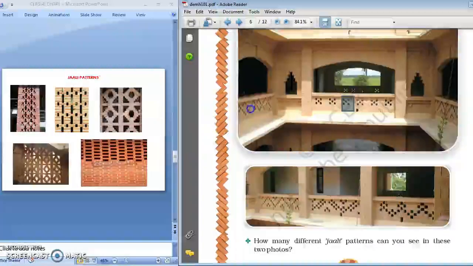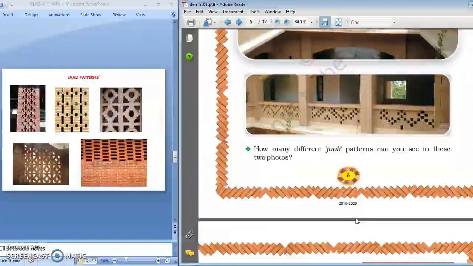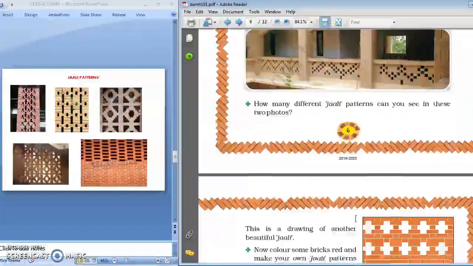This is the fourth jali pattern, somewhere in the form of a diamond shape. Whereas we can see another, we can say that this is 3 bricks out, is also a jali pattern. So somewhere around 5 jali patterns we are able to see.